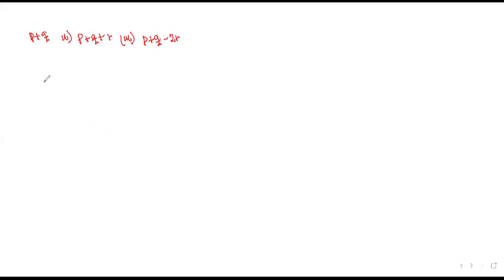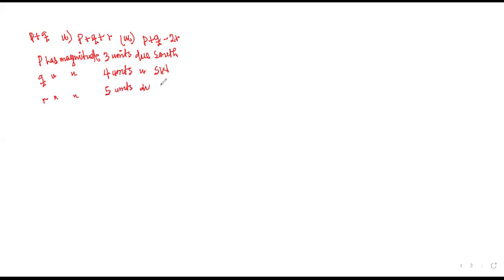So we are told P is 3 units due south. Then Q is 4 units due southwest, and R is 5 units due east.